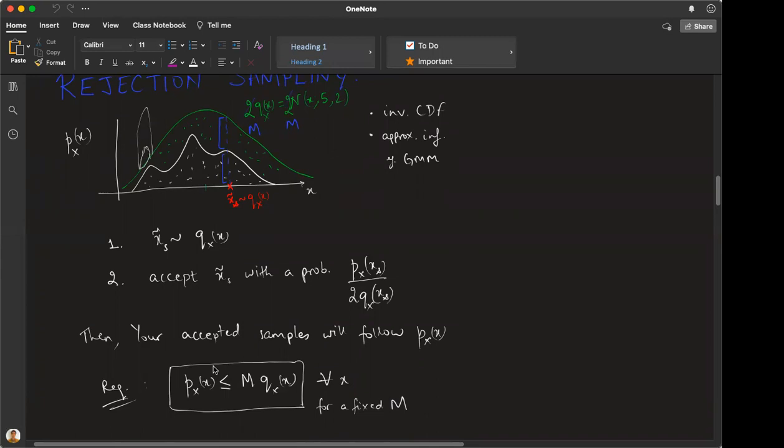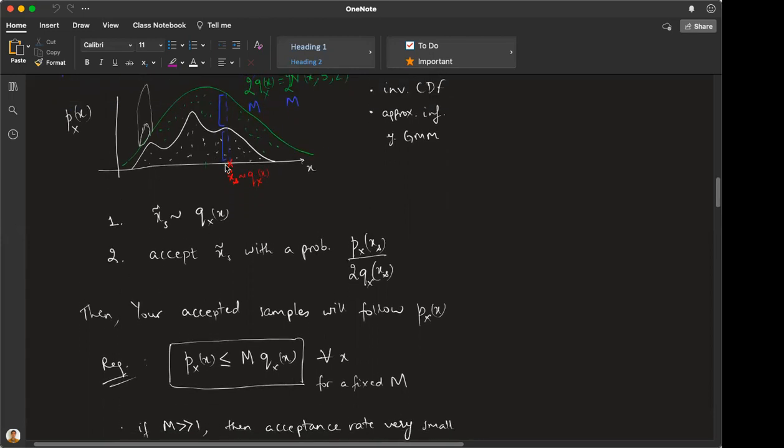So now you can sample from q(x) and use the same thing we discussed before, about sampling within the circle versus the square. Something similar: you now have q(x), which is easy to sample from. You will obtain samples from q(x), and you will check whether your values are lying within p(x) or not.